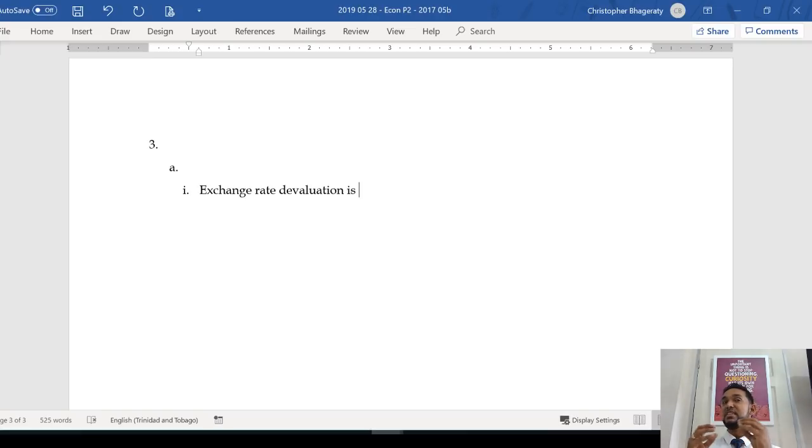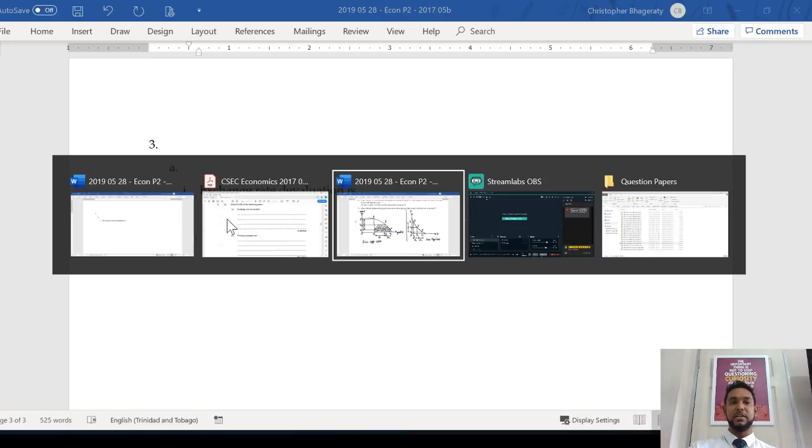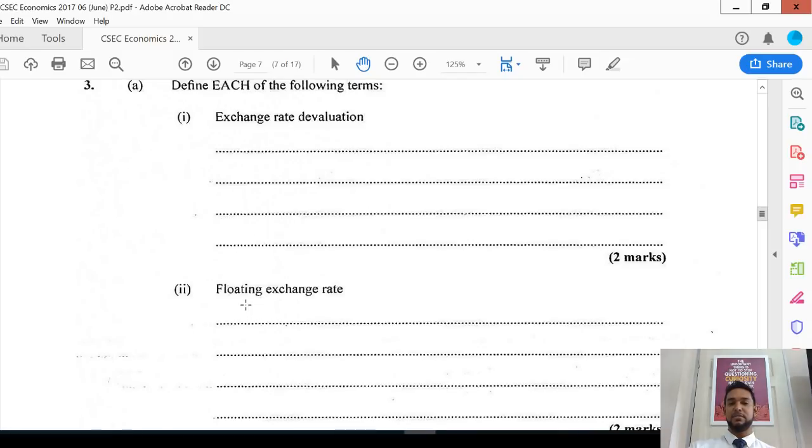But the reason behind that change is a major difference. You have two types. If we take a hint from the next part where it says floating exchange rate, what's the other type? If it's not floating, it's constant or fixed or managed, right? So you can have a fixed exchange rate or a floating exchange rate.